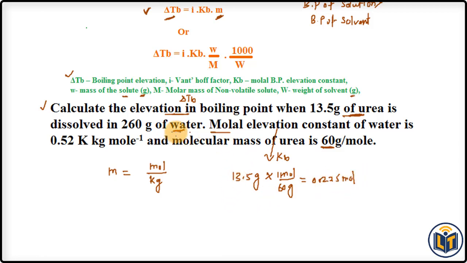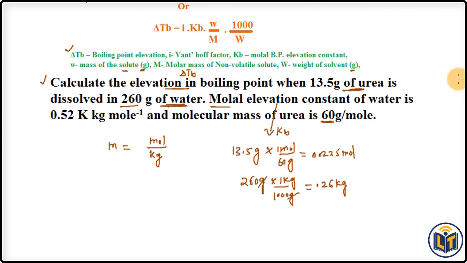Next we find out the mass of solvent in kilograms. Here we have 260 gram solvent, and so we convert it into kilograms. 1 kg is equal to 1000 grams. Grams will cancel. You can divide these values, and the value which you will get is 0.26, and it is in kg. Now we can plug in these values and calculate the molality of the solution.